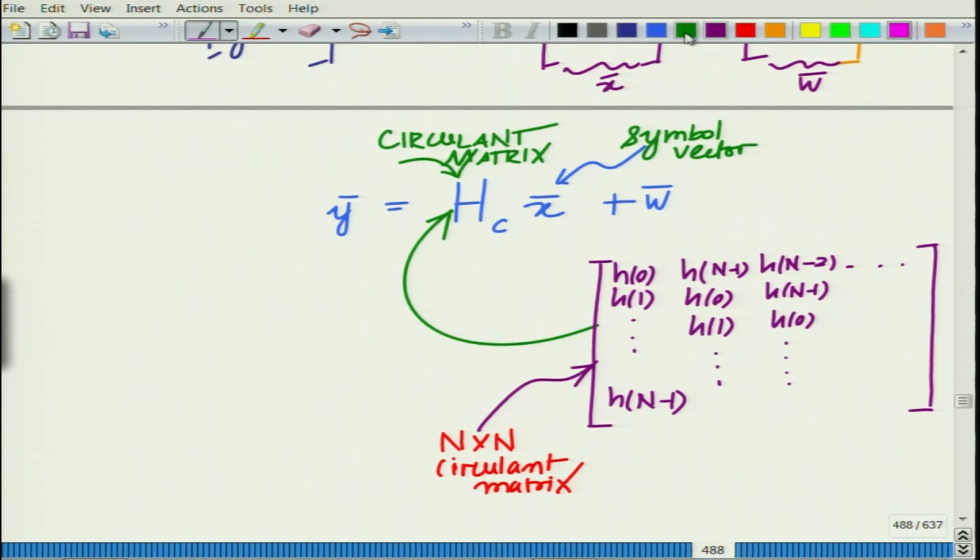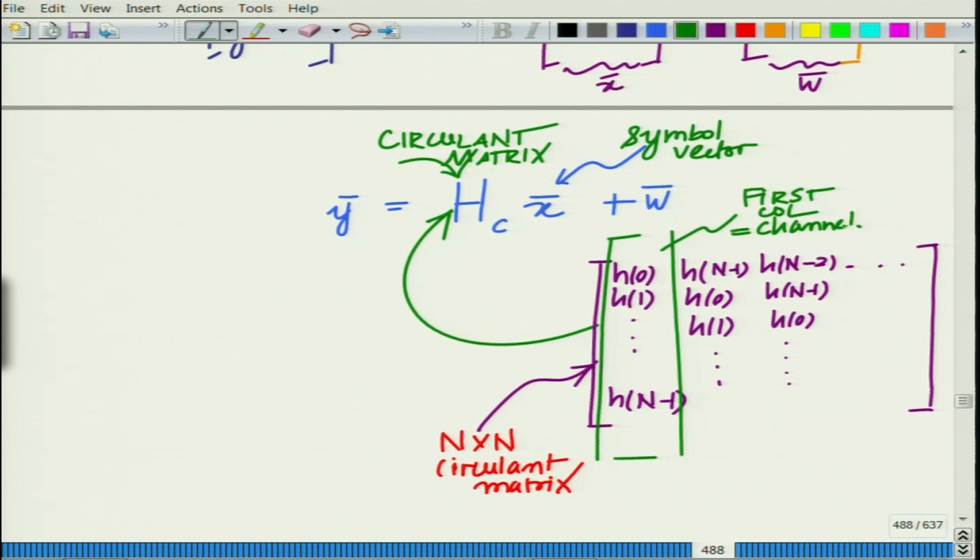And the first column is nothing but your channel tap vector, and each column is obtained by circularly downshifting the previous column.